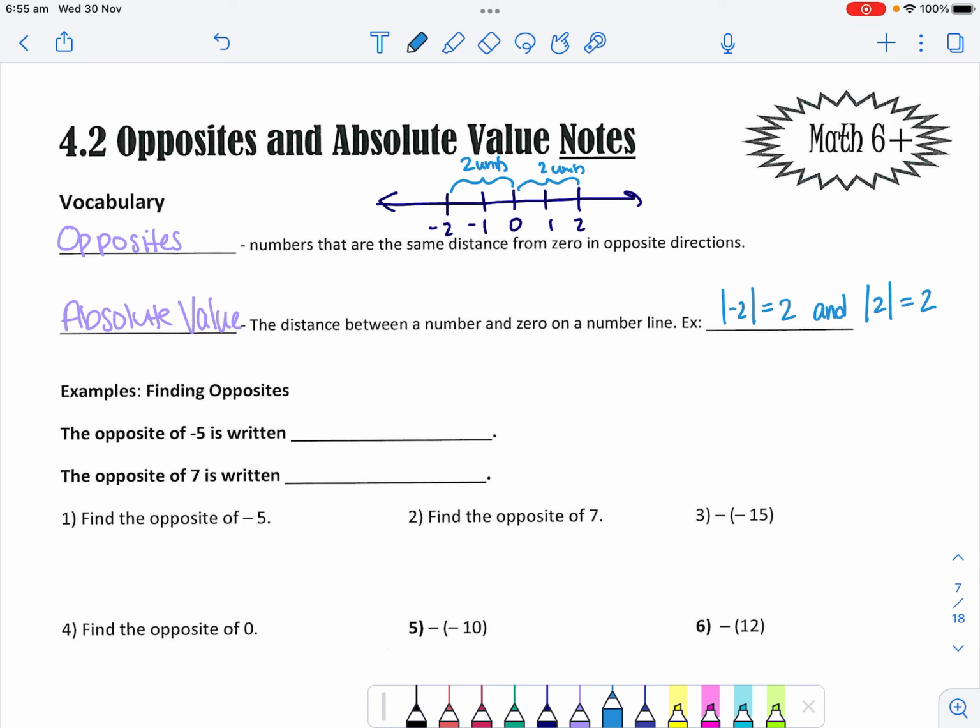It's all about distance from 0 when it comes to absolute value. So you're counting the number of units away from 0 that these numbers are. And when I put a negative value into the absolute value bars, that value is going to come out positive because a number's distance from 0 cannot be negative.